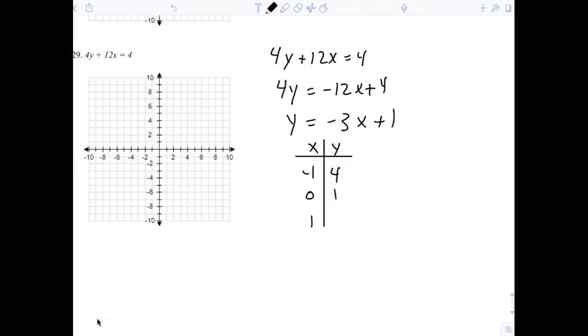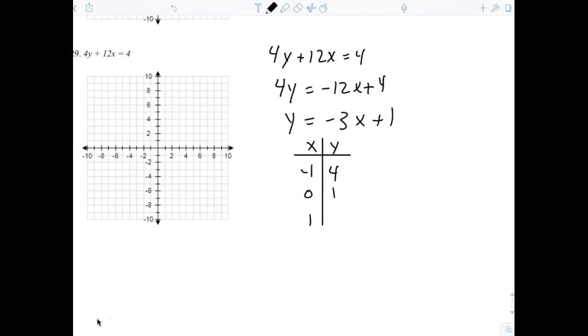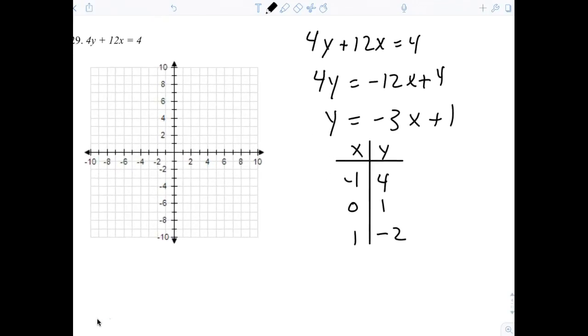Negative 2, following our pattern, down 3. So here we go. Negative 1, 4. 0, 1. 1, negative 2. And now we're going to draw the graph. So we agree, pretty easy, right? All right, let's keep going.